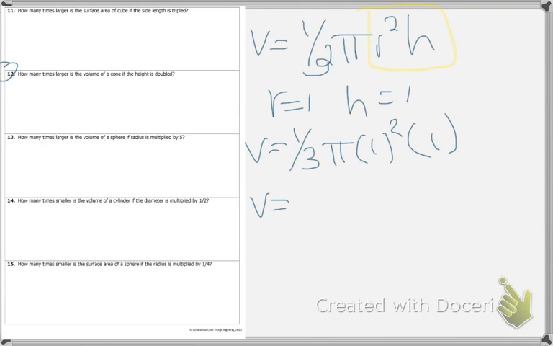And I'm not going to solve pi. I'm just going to leave it there. So these two equal 1 times, so we're left with 1/3 pi. That's our first volume. So our first volume, I'm going to call it volume 1, is 1/3 pi.